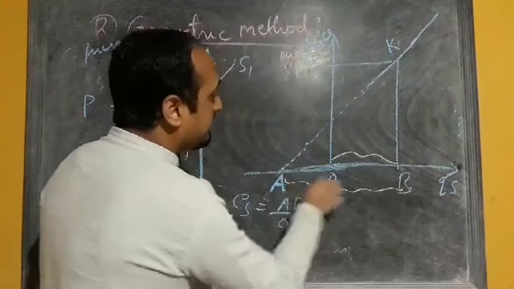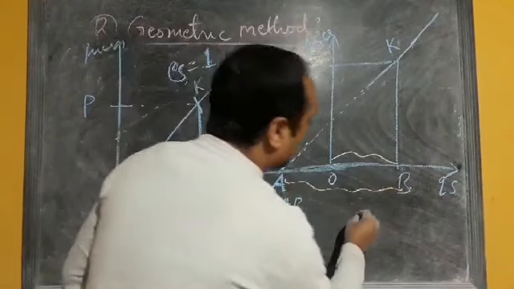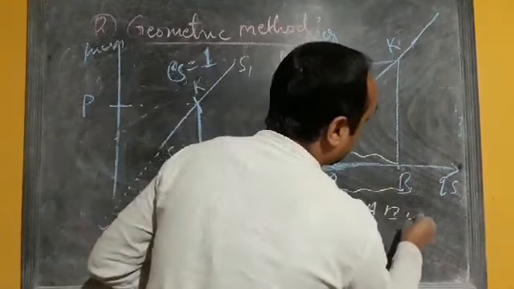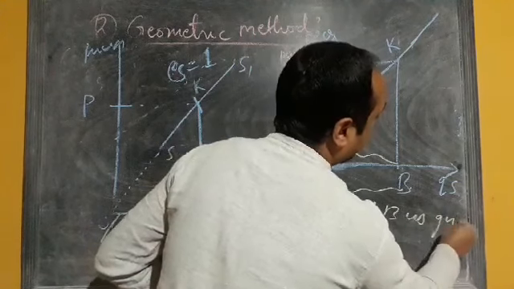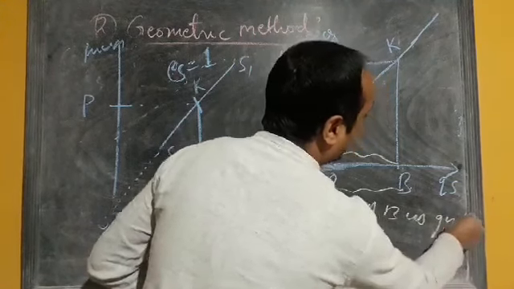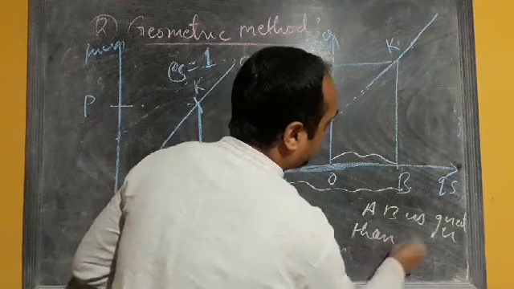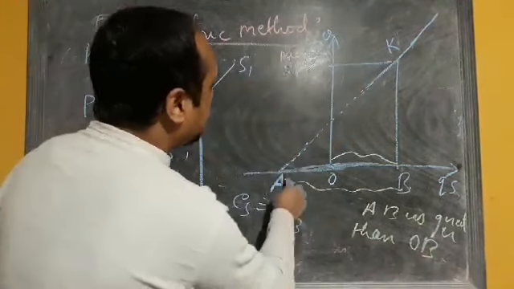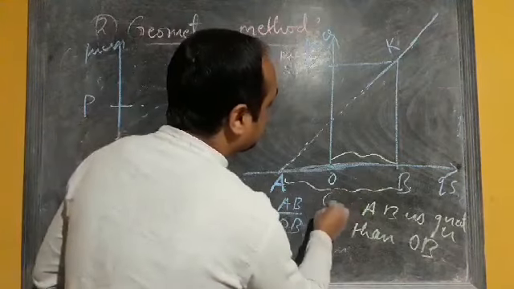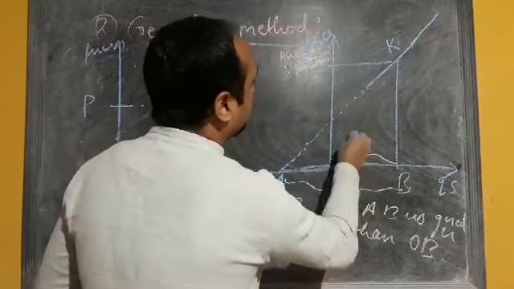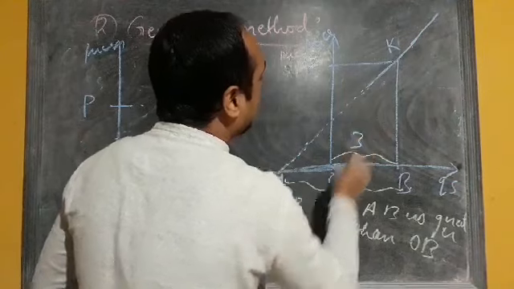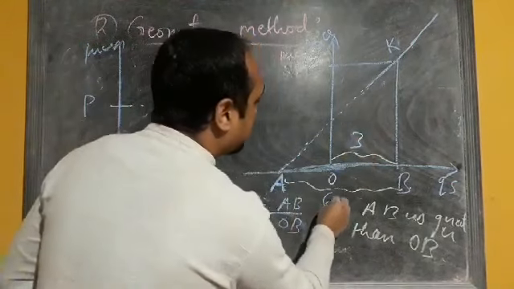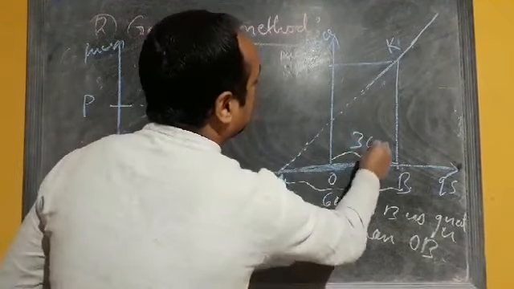Suppose this AB length is 6 and OB is 3 centimeters.